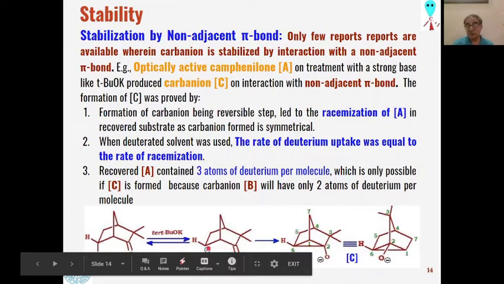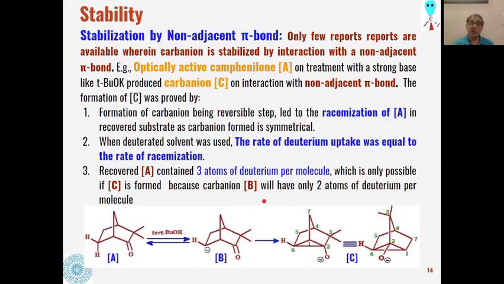You can see over here that the carbon adjacent to this carbanion is either this one or this one, but this has interacted with this carbon which has a pi bonded system, a non-adjacent pi bonded system.